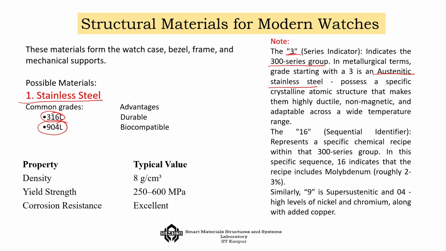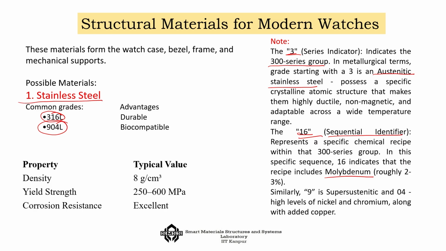Now, not only 300, then we go for 16. 16 is a sequential identifier. That represents a specific chemical recipe within the 300 series group, and in this sequence 16 indicates roughly that molybdenum should be between 2 to 3%. That is very important, because the introduction of molybdenum will give it much more endurance.